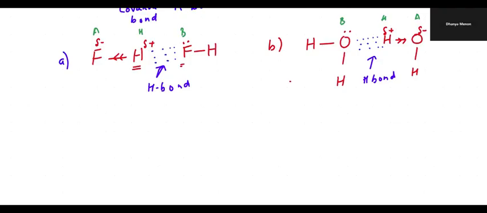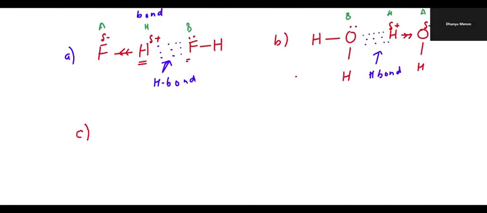Okay. Now coming to C, ammonia. So what are the necessary conditions? A should be highly electronegative, that is covalently bonded to hydrogen, and B should have a lone pair of electrons. It should also be highly electronegative. In these cases, nitrogen, oxygen, and fluorine are highly electronegative.